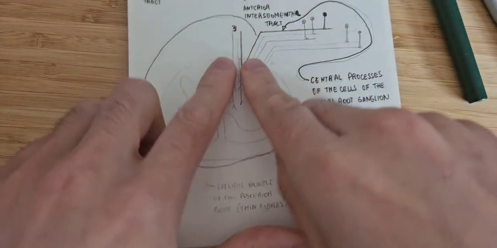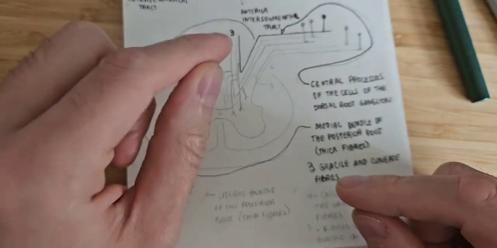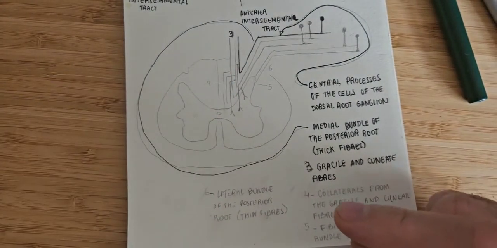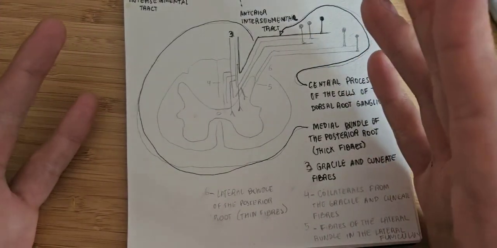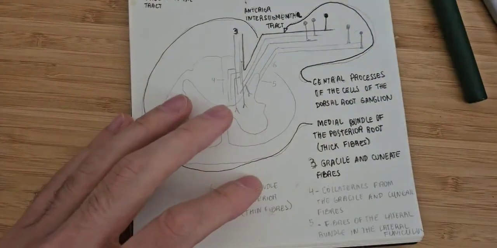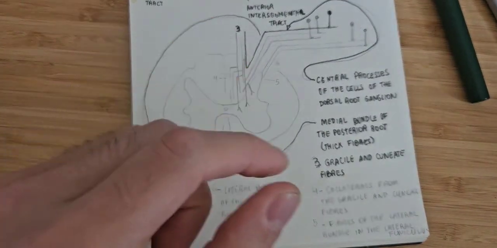So these fibers will ascend through the posterior funiculus and terminate in the medial lemniscus in the brainstem, and they relay proprioceptive and touch information, especially to higher centers for processing.